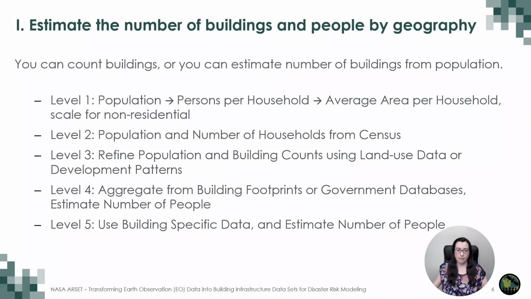While in level 4 and 5, the building count data is more typically used to estimate the number of people. And for level 3, land use data or development patterns are used to refine and reallocate national level population and housing data to the subnational scale.